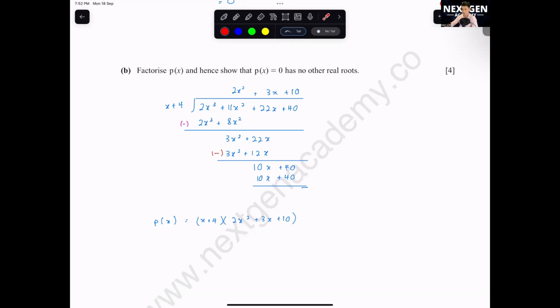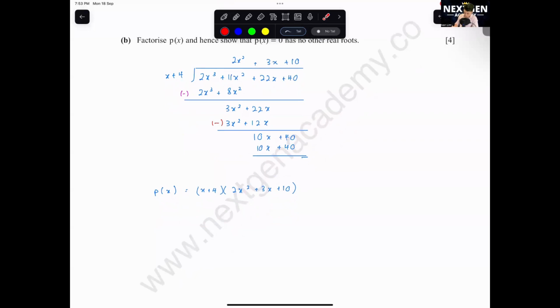The working is you use b squared minus 4ac, which equals 3 squared minus 4(2)(10), which is negative 71, less than 0. Therefore, no roots for the quadratic factor. So the only root that you have is from x plus 4.